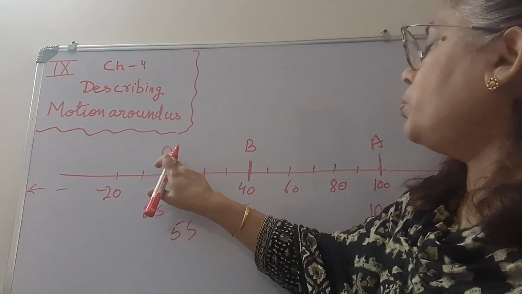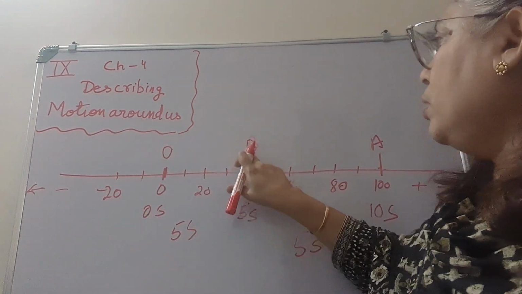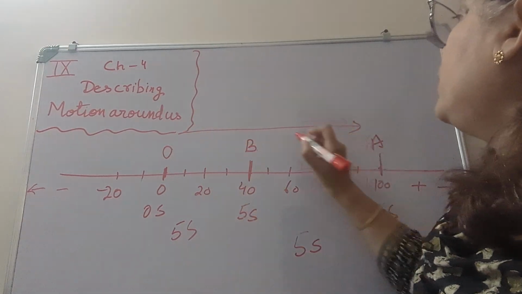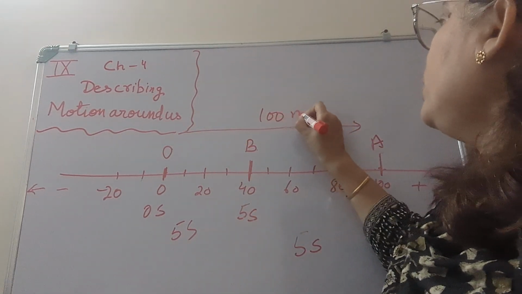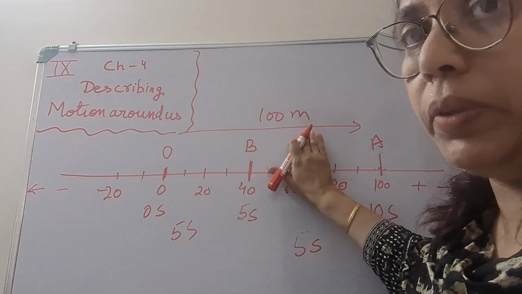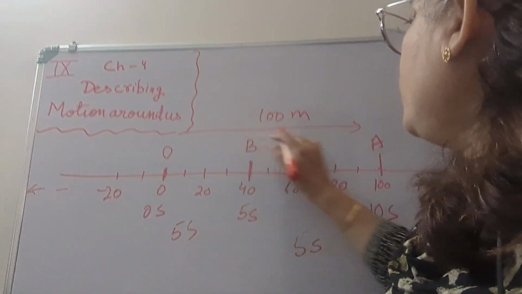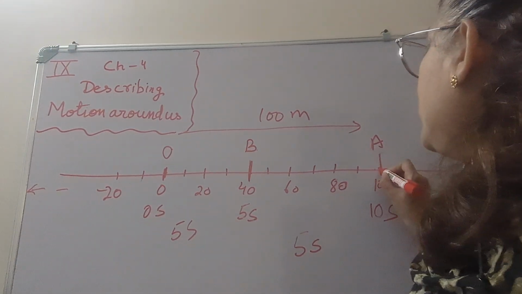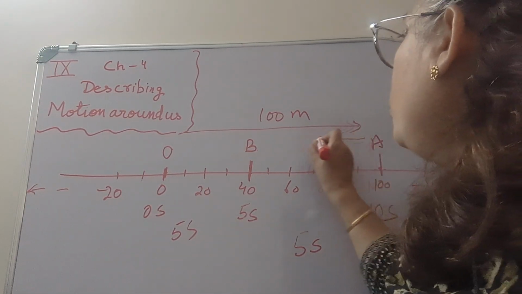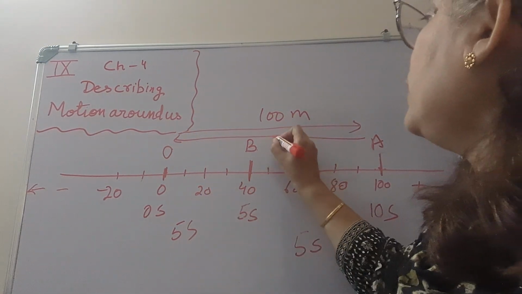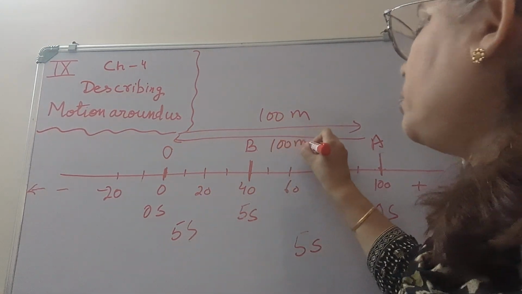Now, if the object moves from 0 to B and B to A, then the total distance covered by the object is 100 meters and its displacement is also 100 meters. It is moving to the right hand side. If on reaching A, it moves back to point O, then it travels another 100 meters.